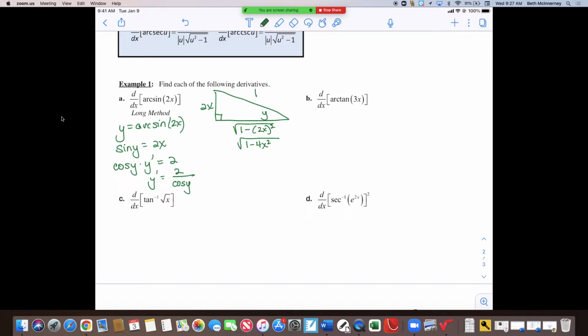So then my dy/dx or y prime is 2 over the cosine of y, which is 2 over the square root of 1 minus 4x squared. You may always do them this way, okay? You may always do it this way and not ever memorize those formulas. That is absolutely fine.